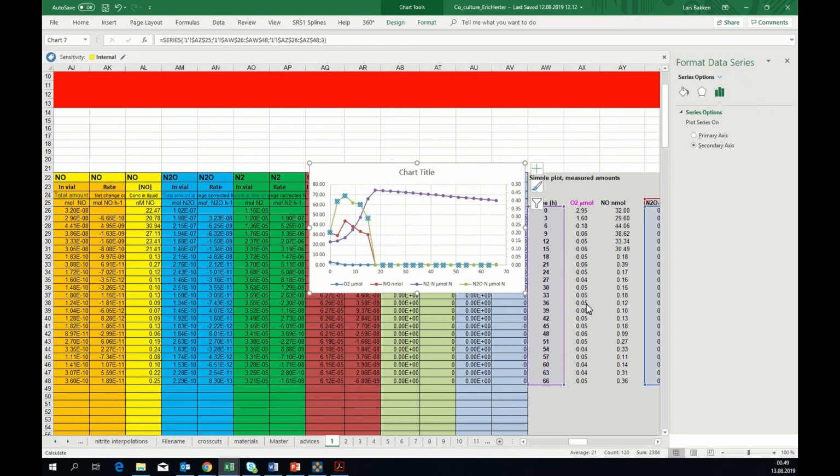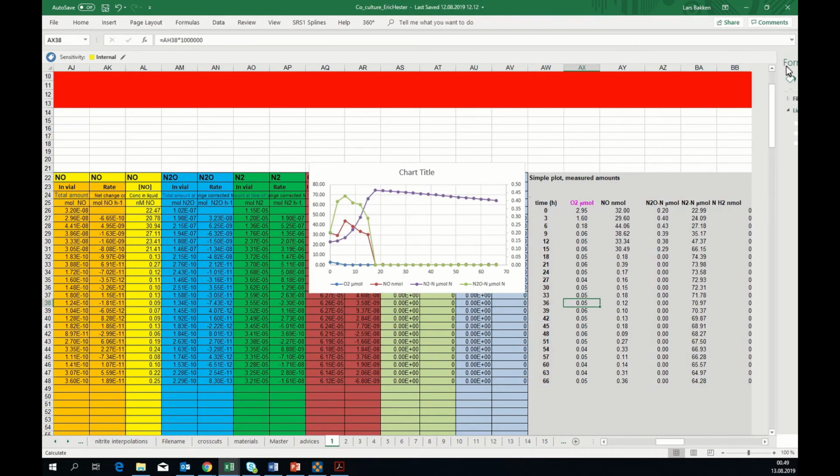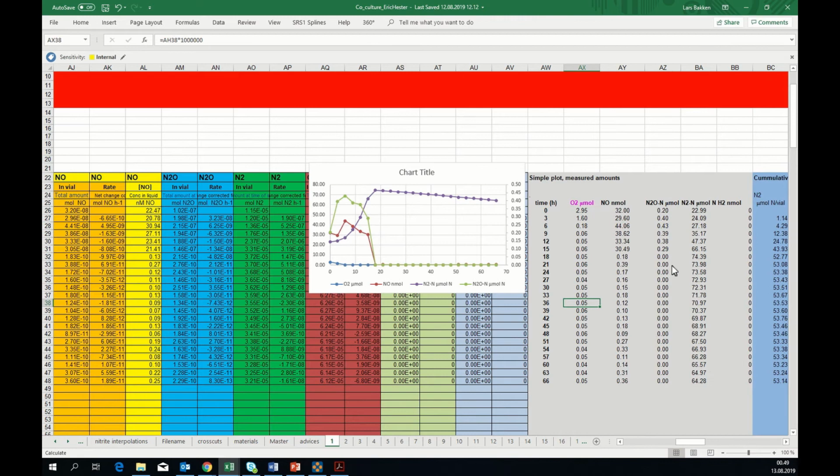One of the other features of this, which is very important to understand, is that when you plot, what you get in the simple plot is this measured N2 in the vial. Now that starts from some value because we haven't been able to remove all the N2 before we started the experiment. We helium washed the vials, but it's not complete.